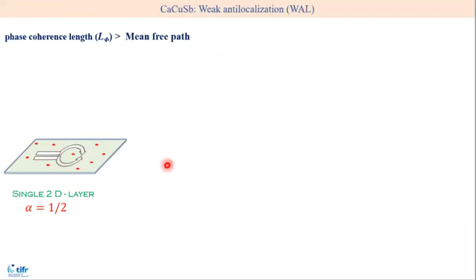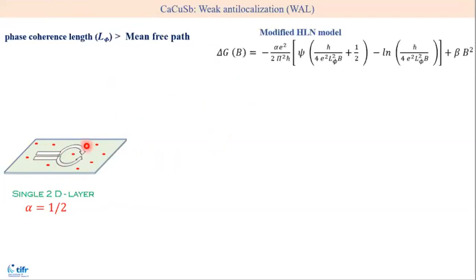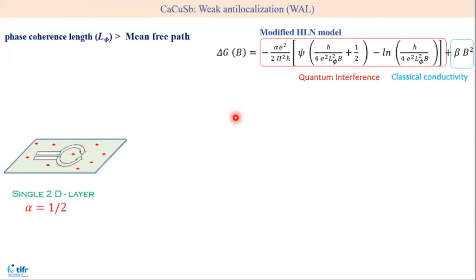So then your system is able to show some kind of interference effect, and this interference effect can be explained by the HLN model, that is the Hikami-Larkin-Nagaoka model. Don't think about that, just come to very simple ideas. It has a quantum interference term, and the other is a classical conductivity term. Look at the quantum interference term.